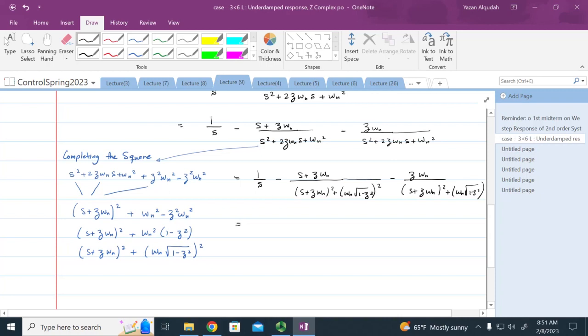Now just to simplify the notation, I'm going to write this as 1 over s minus s plus sigma divided by s plus sigma squared plus omega d squared, minus sigma divided by s plus sigma squared plus omega d squared.